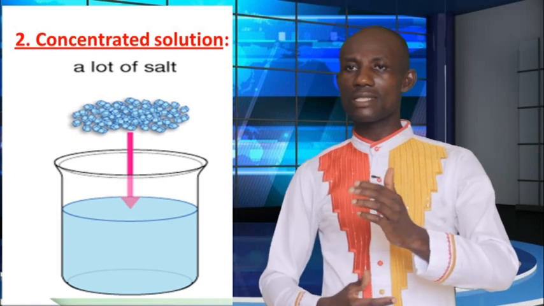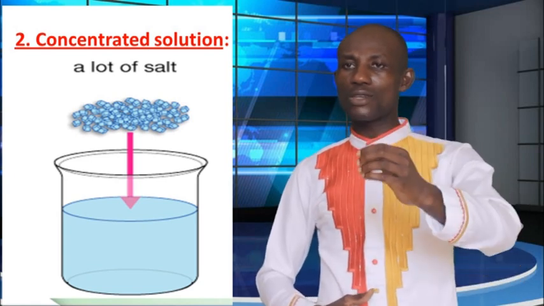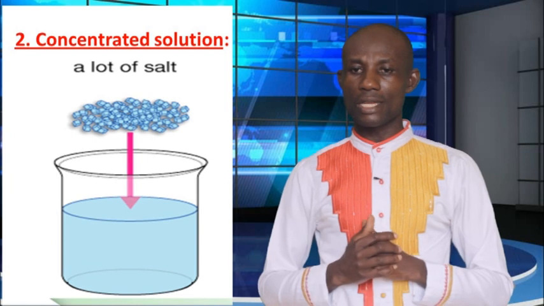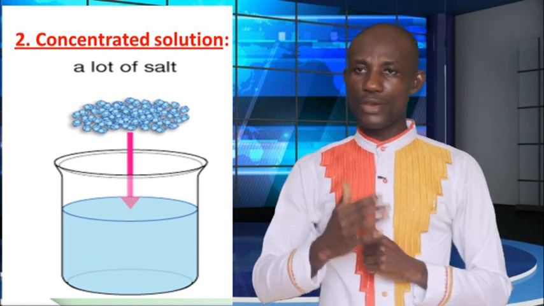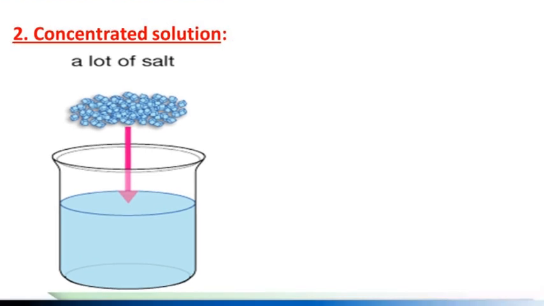And we can see that the quantity of salt particles to be used here is very great. There are a lot of salt particles to be dissolved in that same amount of water. And at the end of this solution, the saltiness of this solution will be greater. And we can call this solution a concentrated solution.